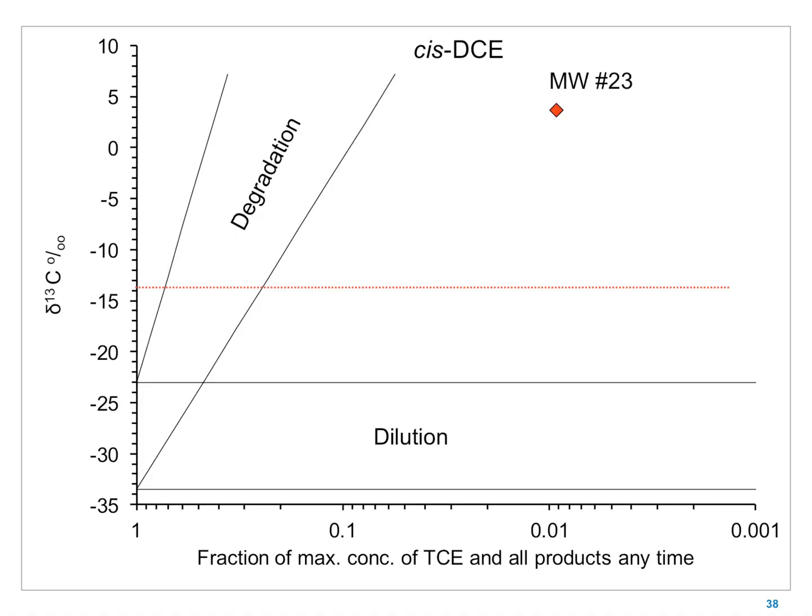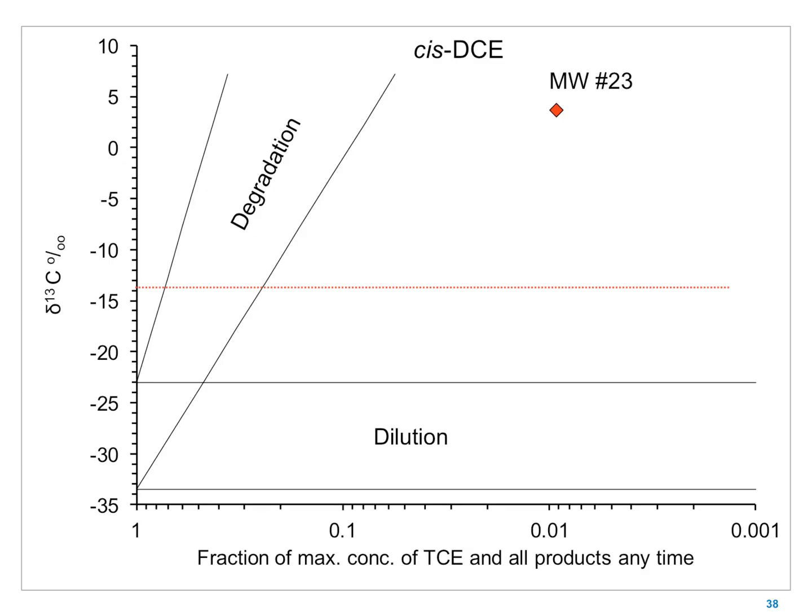You'll notice if you go along that x-axis, the distance is sort of equivalent to a factor of degradation. And so if you go from 1 to the middle of the degradation area, and then from that to where it is, about as much of that removal is dilution as is degradation. So what's happening with cis is a combination of the two, and they have roughly equal importance.